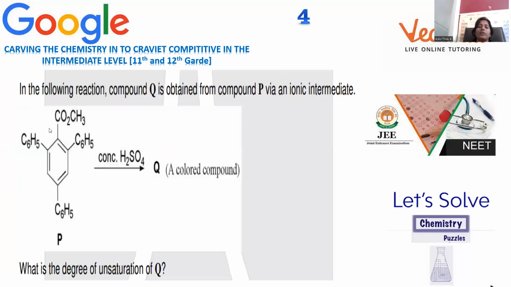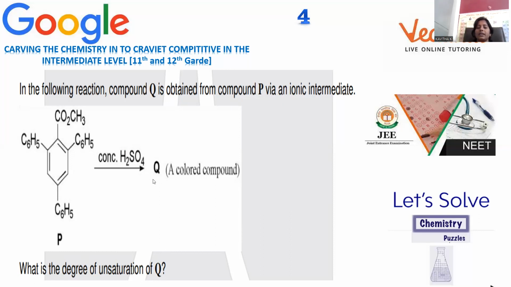First of all, we have to identify what the product will be, what intermediate we will get. If this is the actual product we are expecting, then only it is possible to go for degree of unsaturation. Then we simply put the values in the formula, and the final answer will come. But the main focus here is what product we will actually get.